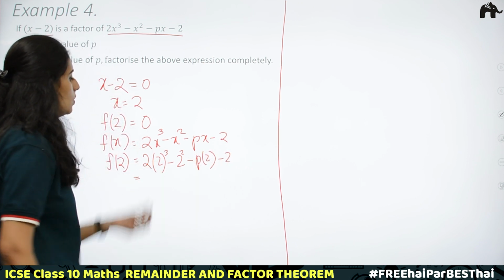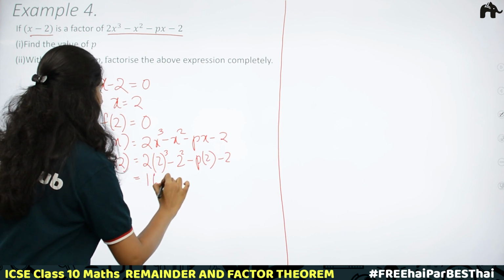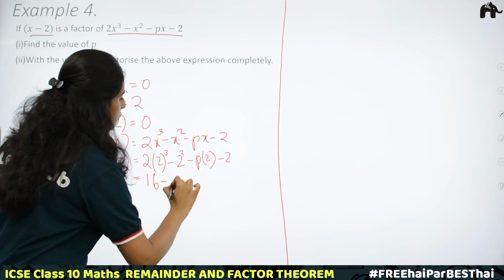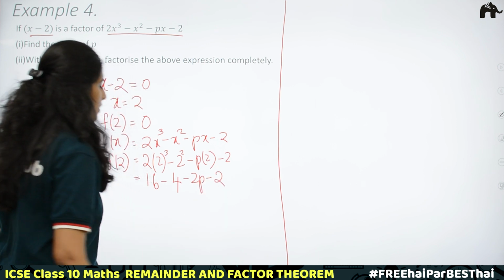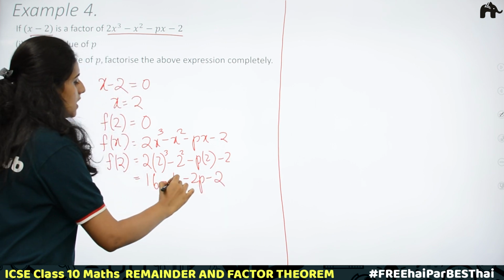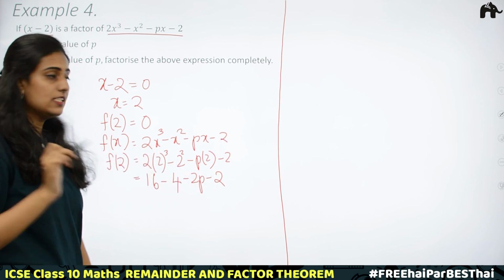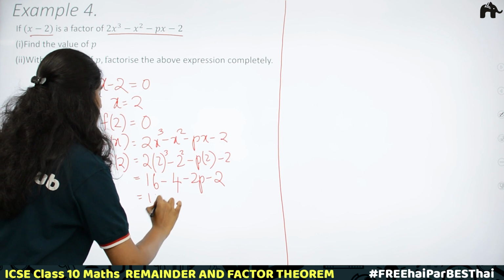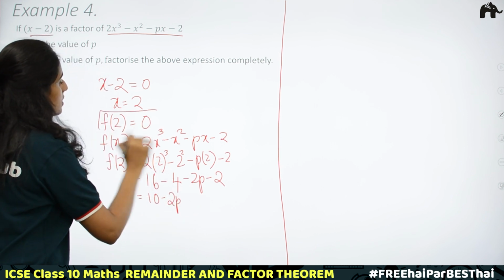That is equal to 2 cube is 8, 8 into 2, 16 minus 2 square 4 minus 2p minus 2. Okay, that is minus 4 minus 2 is minus 6. 16 minus 6 is 10. 10 minus 2p.